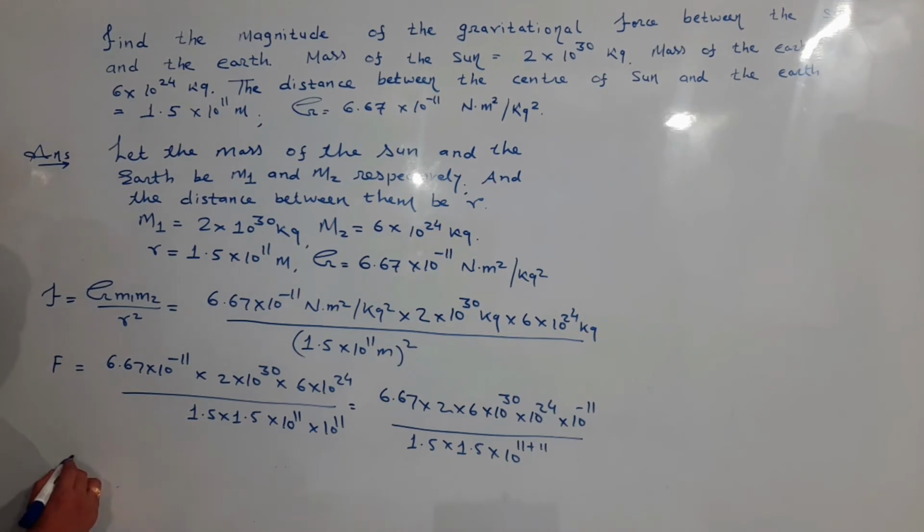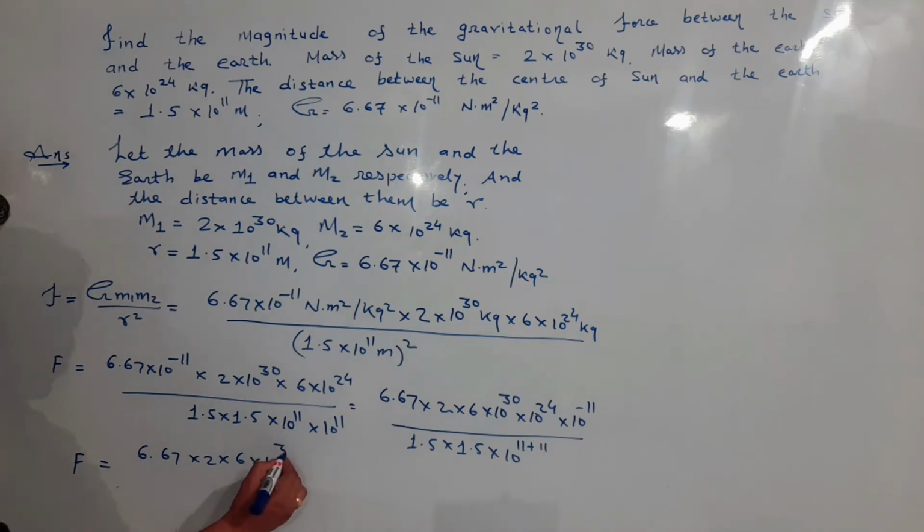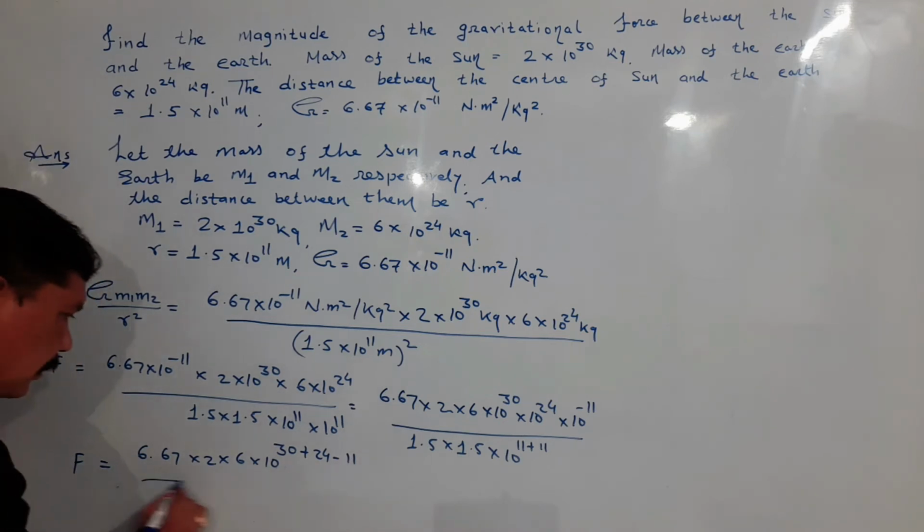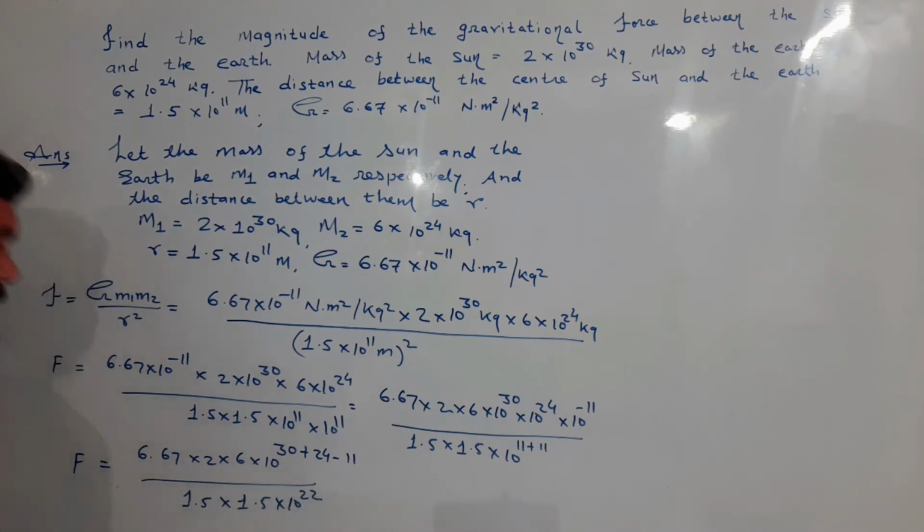Now F is equal to 6.67 into 2 into 6 into 10 to the power 30 plus 24 minus 11 upon 1.5 into 1.5 into 10 to the power 22 we can write.